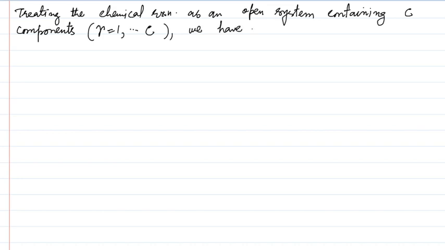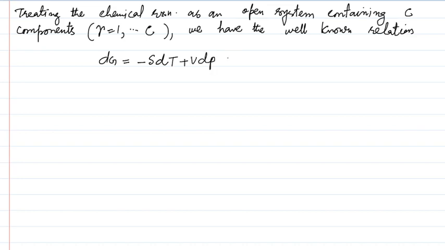We have the well known relation for open system, which is, that means this change in Gibbs free energy for the open system can also be written as dG is equal to minus SdT plus VdP plus summation.